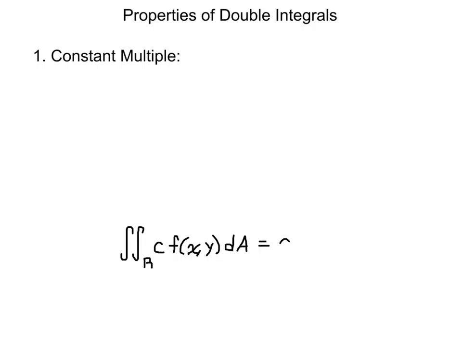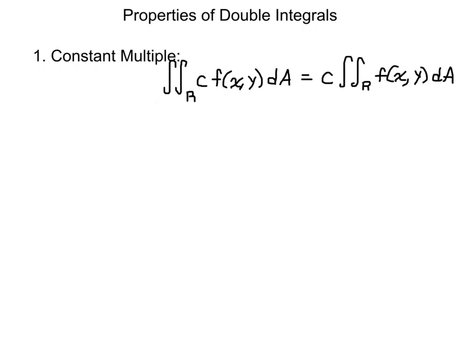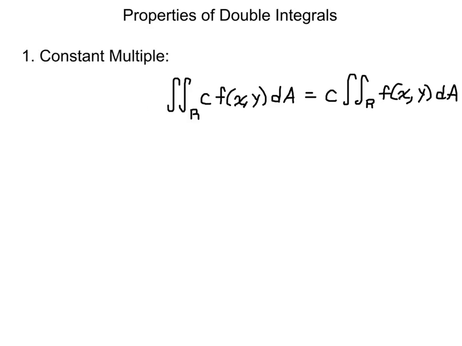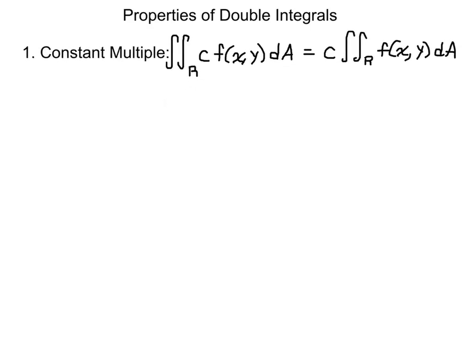You can pull that c right out front, and then you can evaluate your integral over the region for the integrand f of x, y. Let's move that up here and get that on one line. There we go.